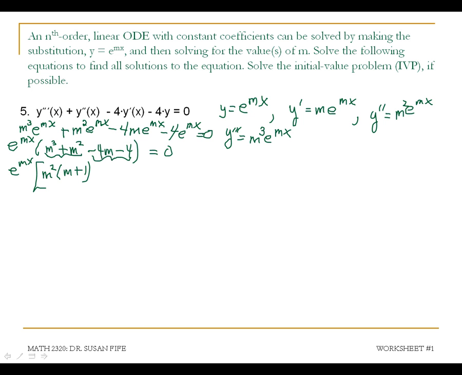From the second group, negative 4m minus 4, you can factor out a negative 4. That leaves you with an m plus 1. And then inside the brackets, you have an m plus 1 in common. Factoring out the m plus 1 leaves you with m squared minus 4.